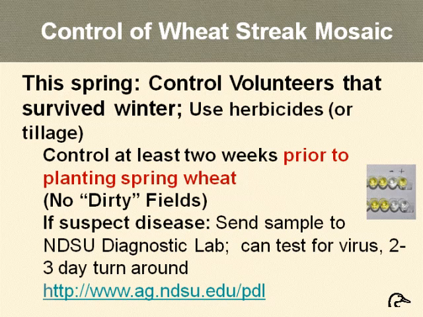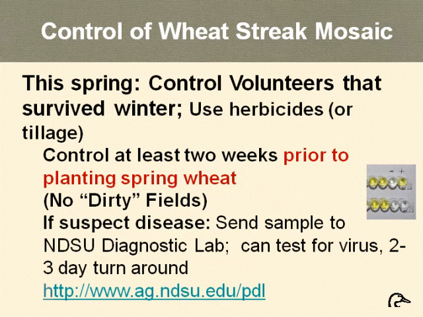With winter wheat, of course, that management strategy has already been implemented, I hope, and successfully. But this spring, if you do see some volunteers nearby that may have this disease, you could still use herbicides to manage those volunteers so we don't get additional movement of that mite.